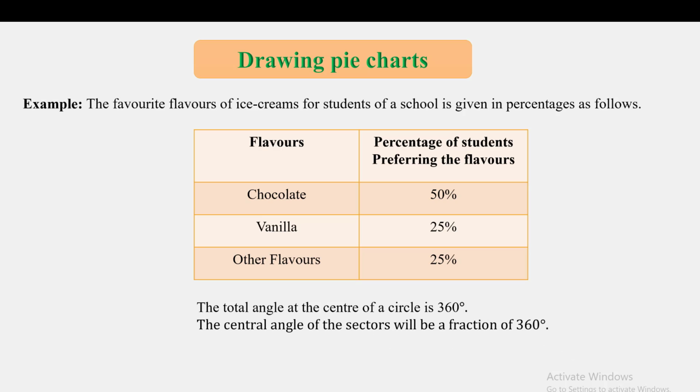The central angle of a sector will be a fraction of 360 degrees. We make a table to find the central angle of the sector.